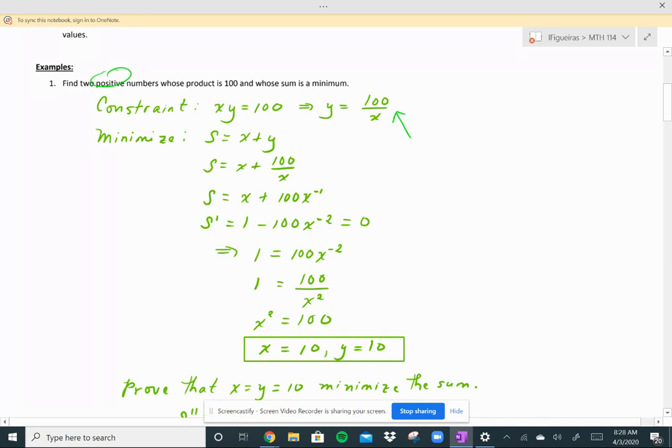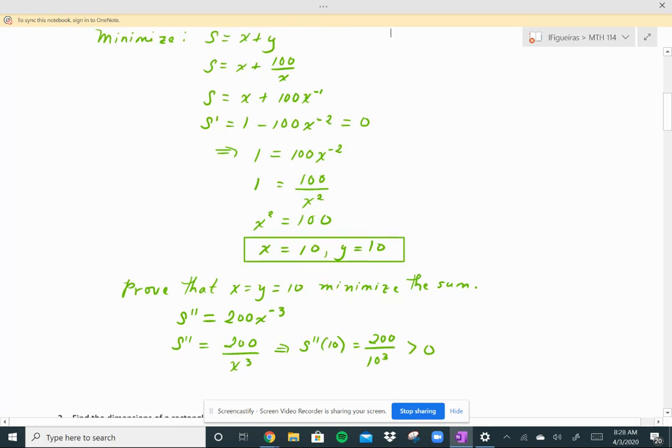All right, so now we have to prove that x equal to 10 and y equal to 10 provide you with a product of 100 and a minimum sum. So we're going to use the second derivative test to do that. Remember that here's the first derivative. When I take the second derivative, I get that s double prime is 200 x to the negative 3, which is the same as 200 over x cubed.